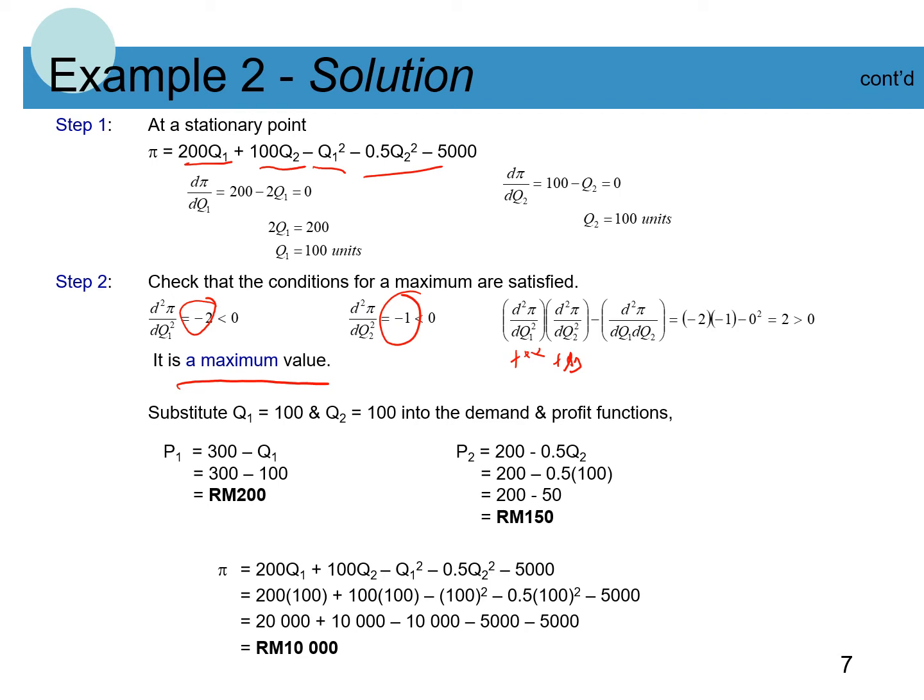Then the profit value is equal to 200 times 100 plus 100 times 100 minus 100 square minus 0.5 times 100 square minus 5,000, which is equal to 10,000 ringgit.